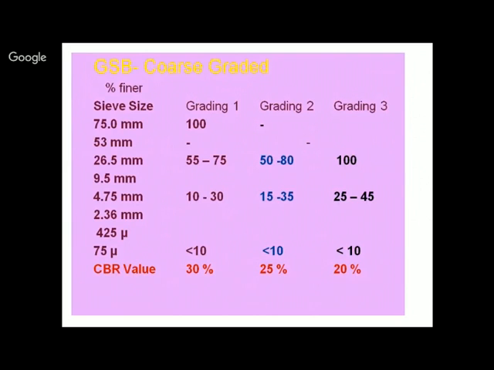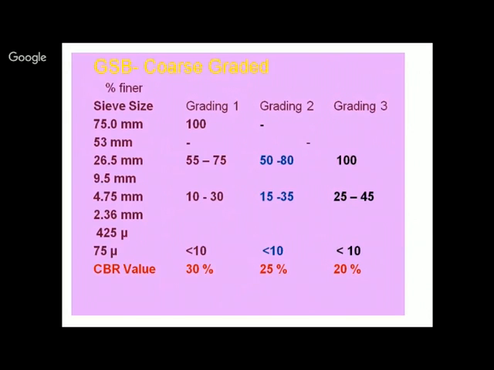So you can see for grading 1, 26.5, other than that it should be all less than 75 mm size. For 26.5, 55 to 75, 4.75, 10 to 30, and for 75 micron less than 10%.